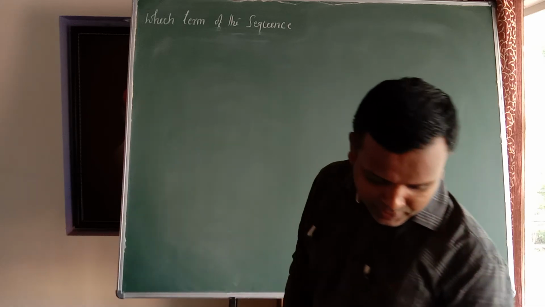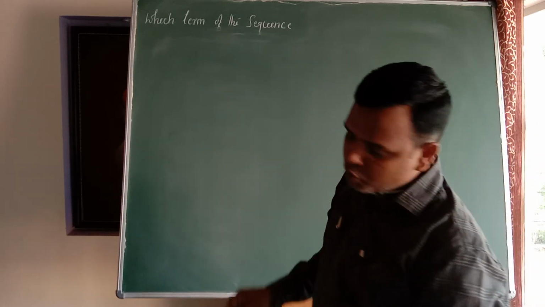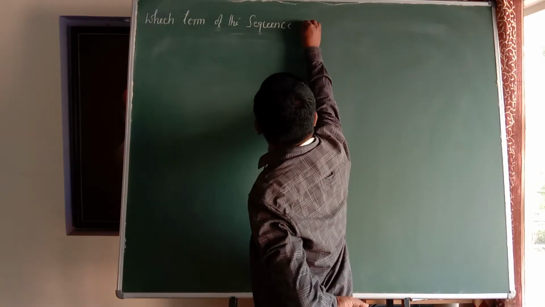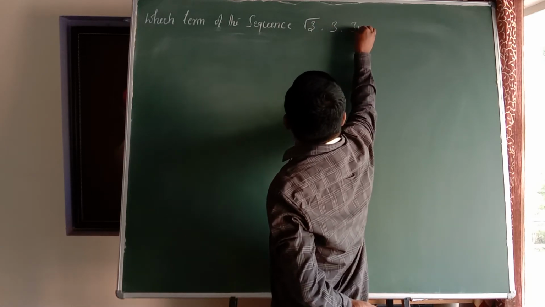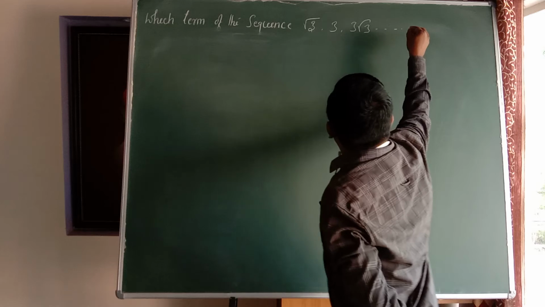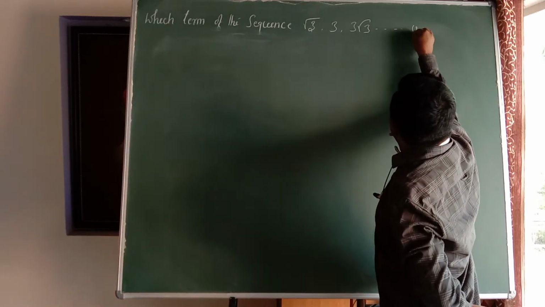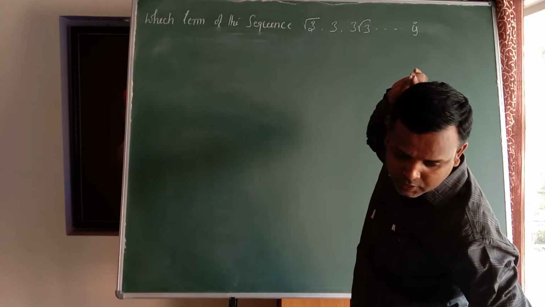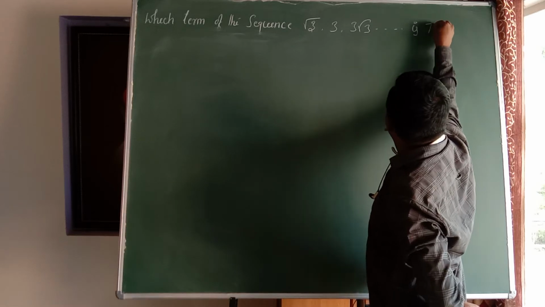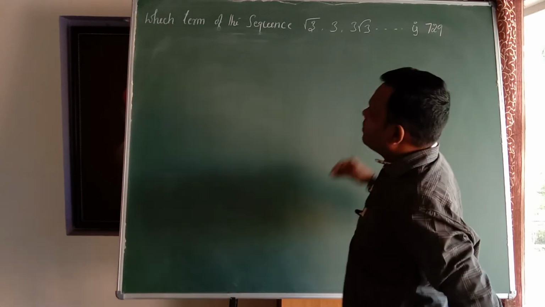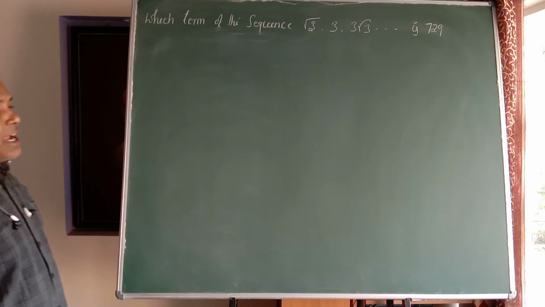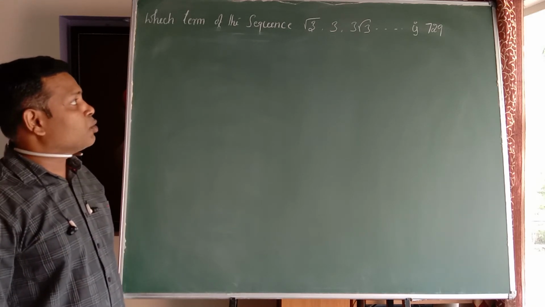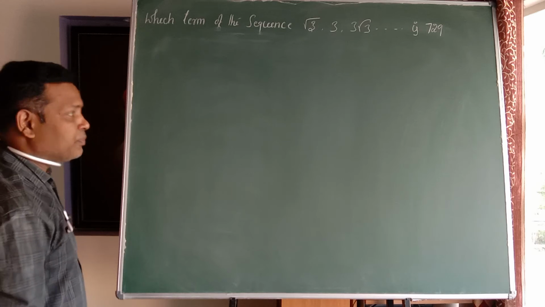That is root 3, 3, 3 root 3, and so on is 729. Similar problem. Which term of the sequence root 3, 3, 3 root 3, and so on is 729.